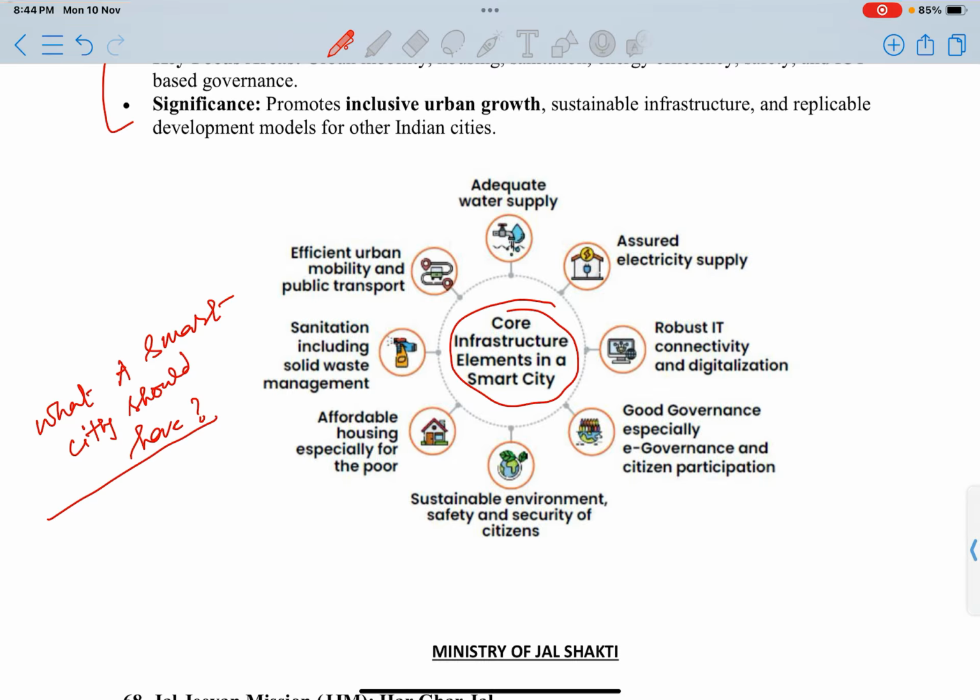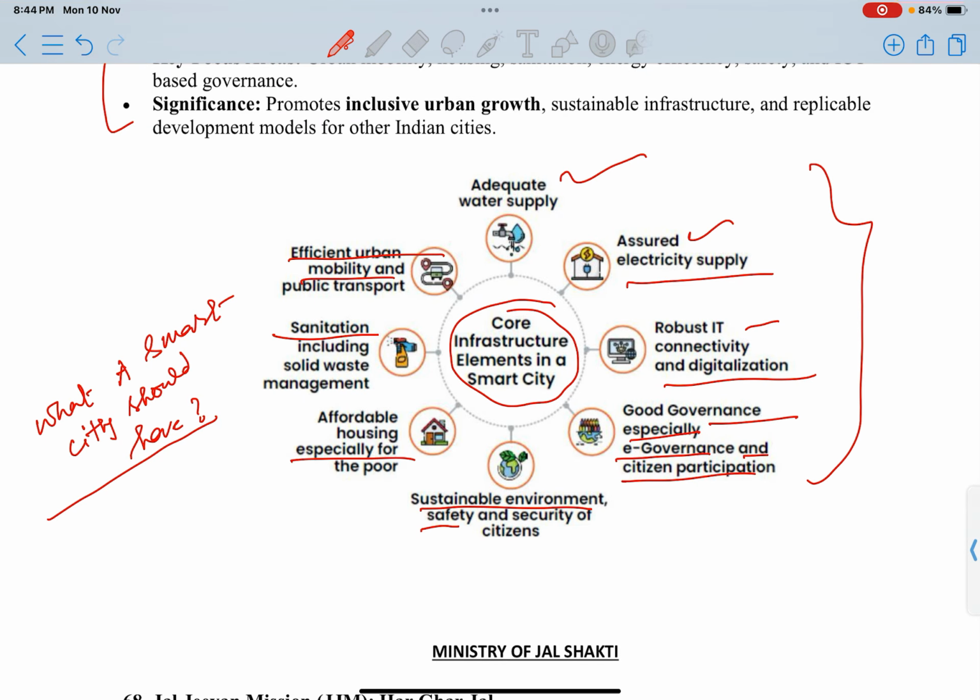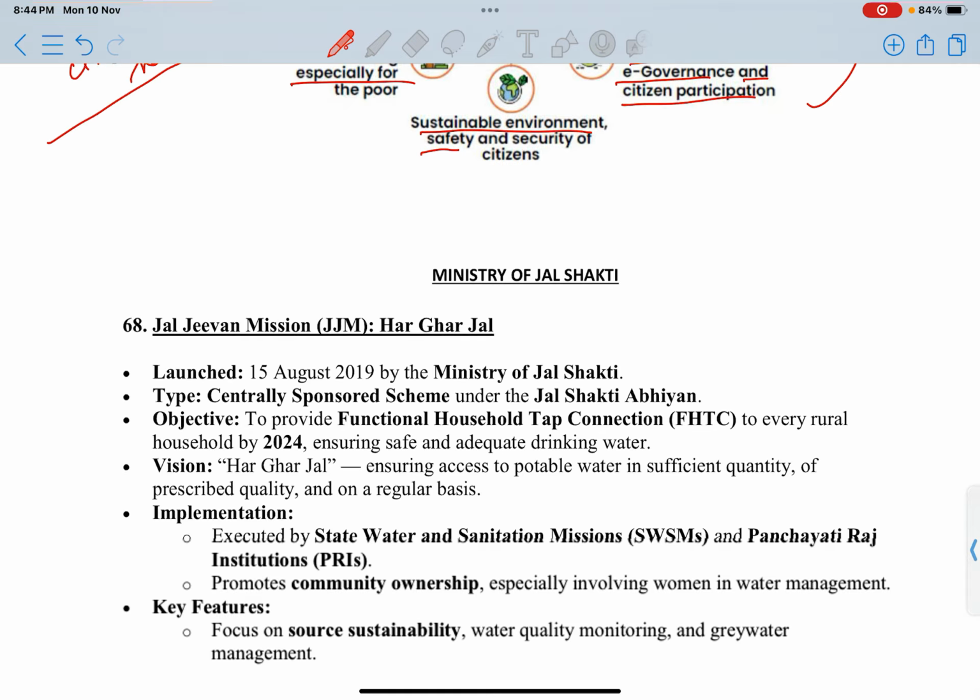So that time you should write, it should have adequate water supply, it should have assured electric supply, robust IT connectivity and digitalization, good governance, especially e-governance and citizen participation, sustainable environment, safety, affordable housing especially for poor, sanitation, efficient urban mobility, proper public transport, etc. So these are the features that a smart city should have. You should know about it.